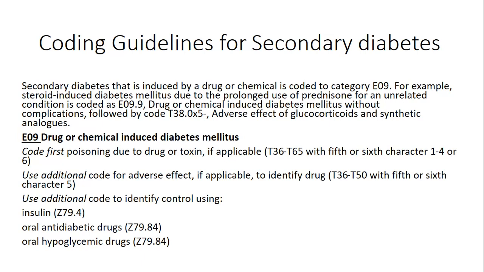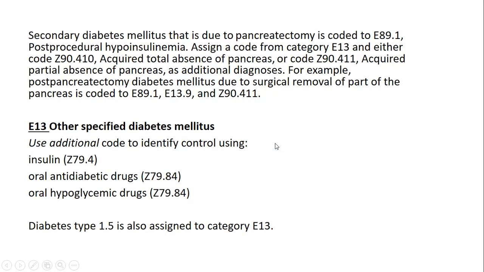Secondary diabetes due to pancreatectomy is coded to E89.1, postprocedural hypoinsulinemia. Assign a code from category E13 and either code Z90.410 for acquired total absence of pancreas or code Z90.411 for acquired partial absence of pancreas as an additional diagnosis.